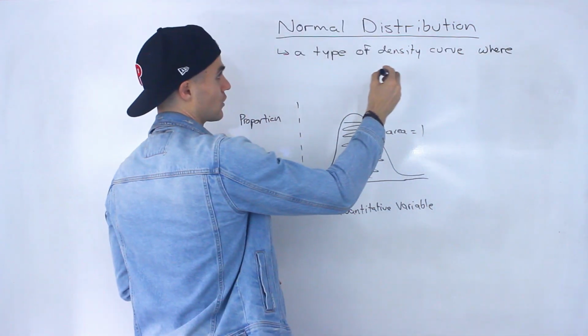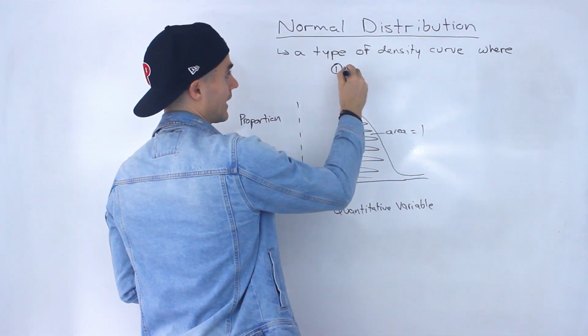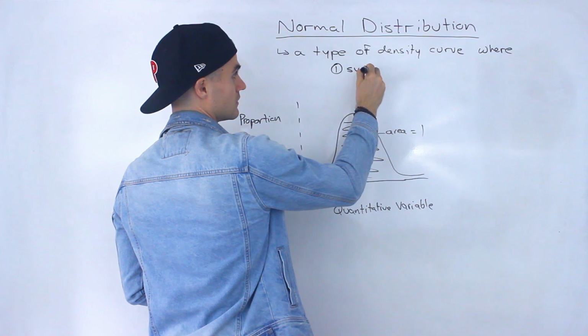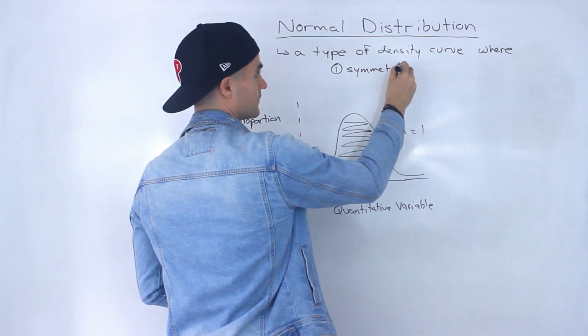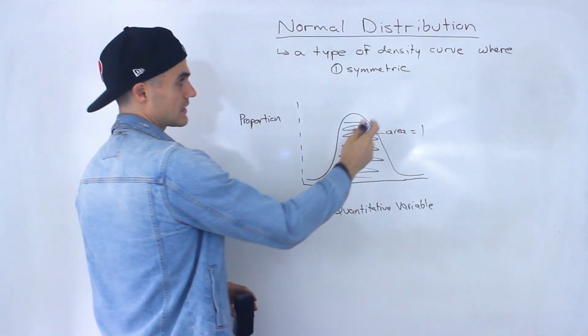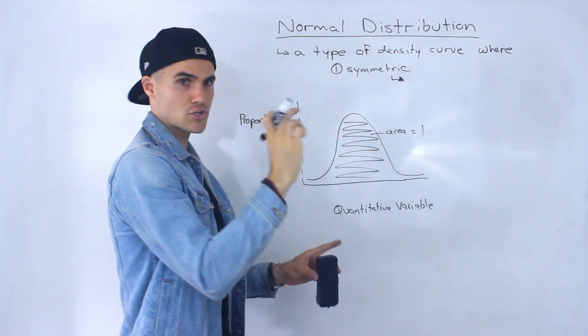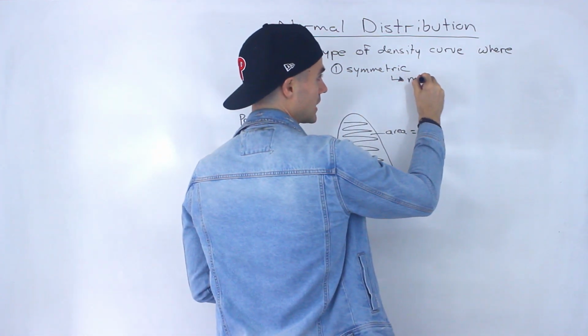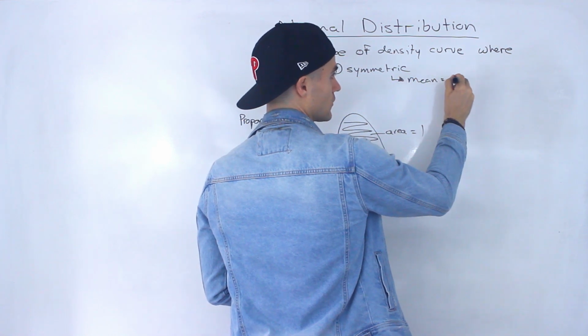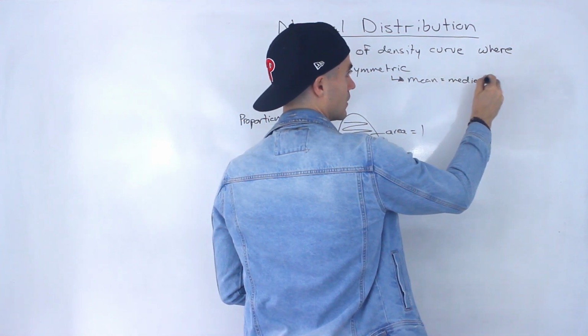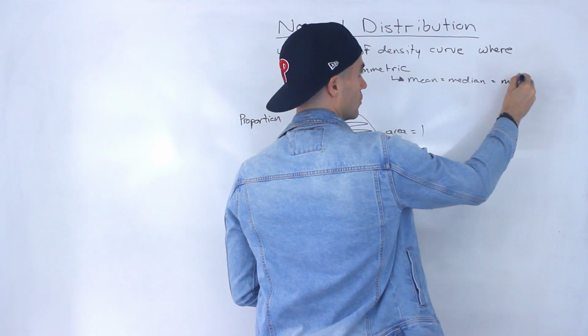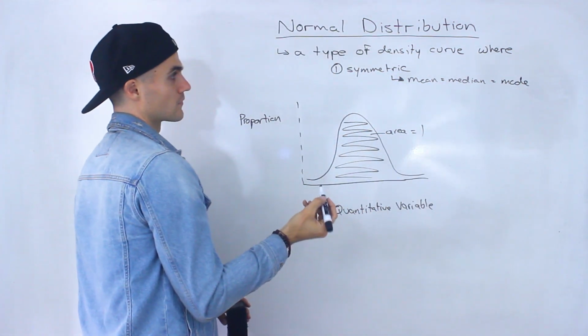A type of density curve where it is symmetric, meaning it looks like this, and more specifically, symmetric talks about those measures of central tendency, how the mean is equal to the median, which is equal to the mode.